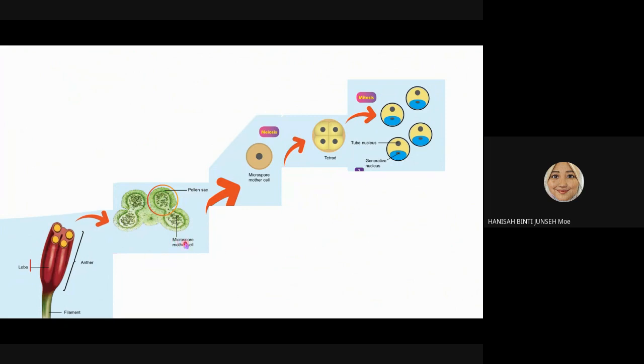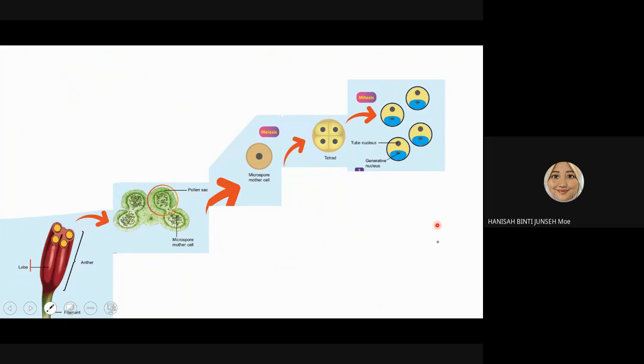Okay, and we zoom in. This microspore mother cell is a haploid cell. My bad, the microspore mother cell is a diploid cell.